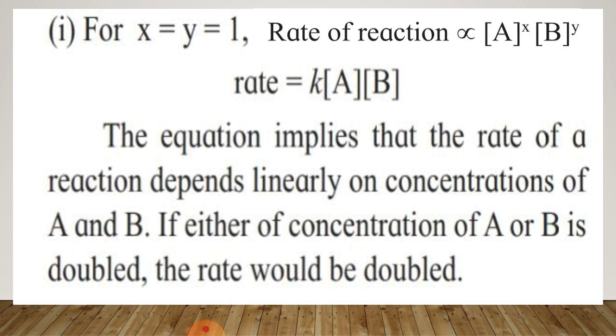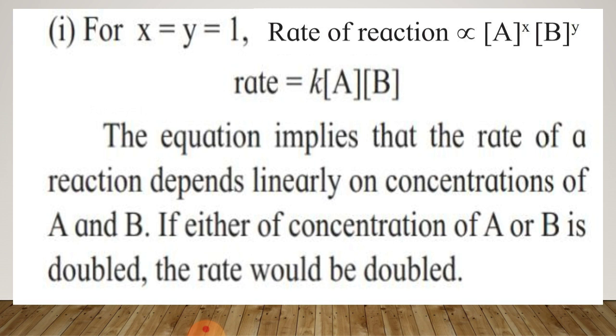If it decreases, then the rate of the reaction will decrease. So here, for X is equal to Y is equal to 1, rate is equal to K times the concentration of A times the concentration of B.